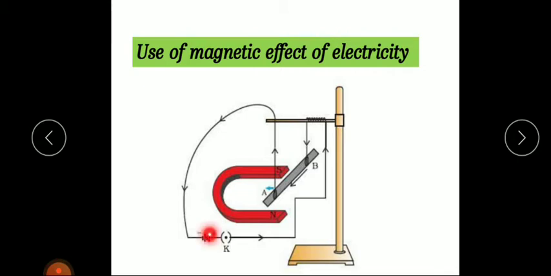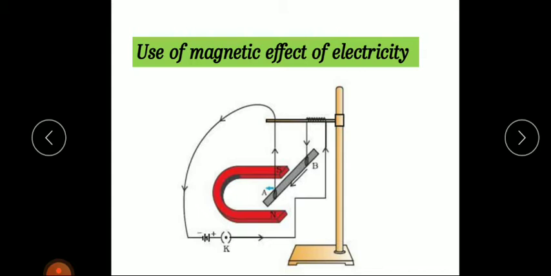If we change the polarity of this battery, that is, if the end A is connected to the positive end and B is connected to the negative end, then the current flows from A to B. So when the current flows from A to B, this copper wire will experience an outward force.